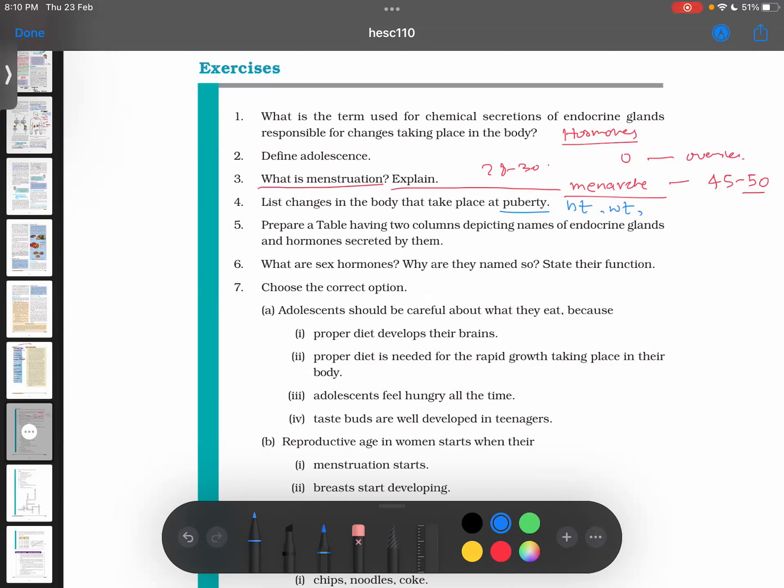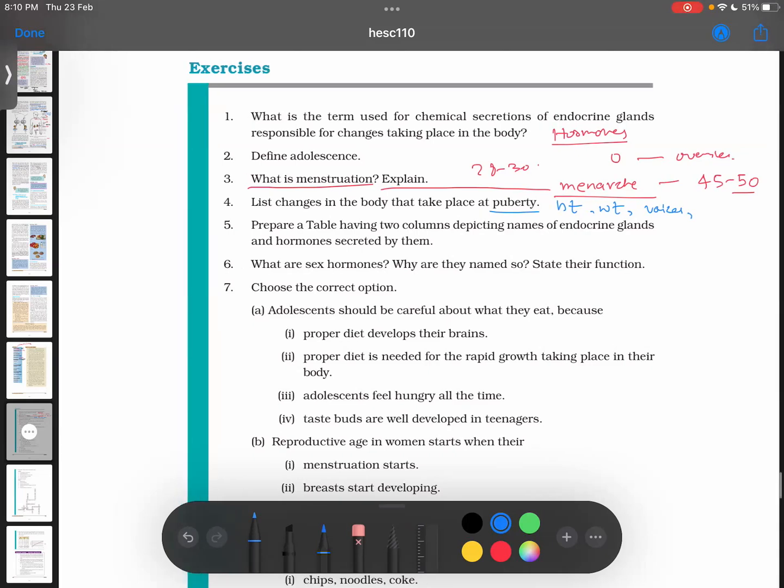It deepens. Yeah, the shoulders of the boys widen. In girls, the region below the waist becomes wide. So these are some general changes that take place when one reaches the age of puberty.